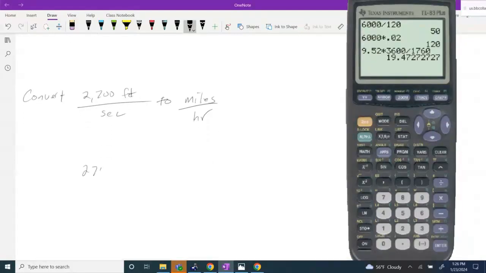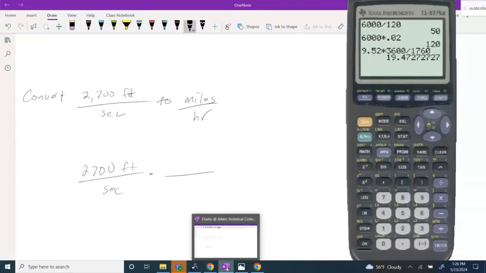So I have 2,700 feet per second. So the first thing I'm going to do is convert feet to miles. So since my unit of feet is originally in the numerator, I'm going to put that in the denominator. Okay, and I'm going to put miles in the numerator.